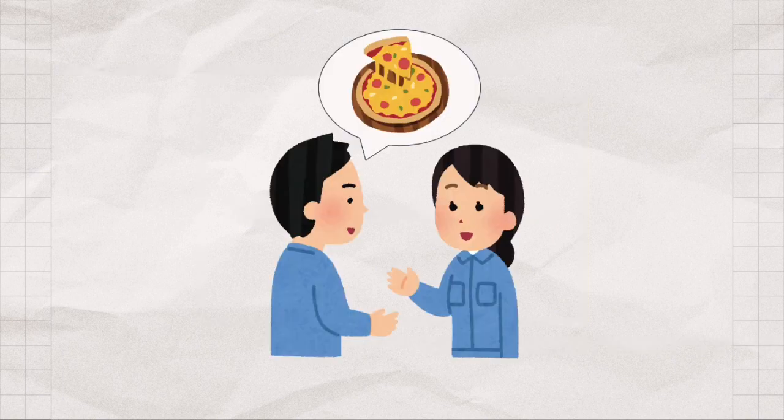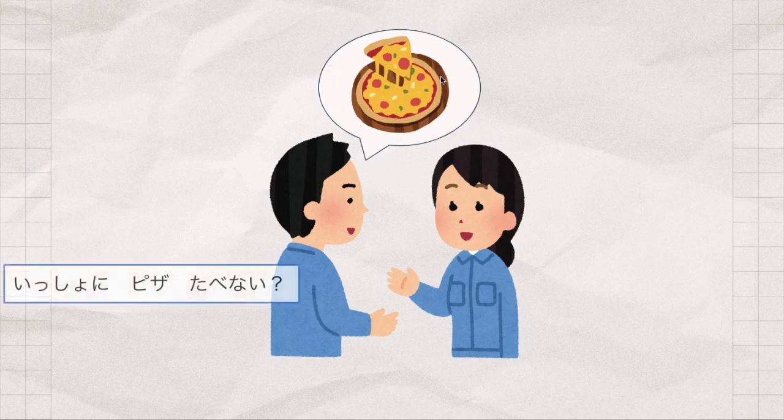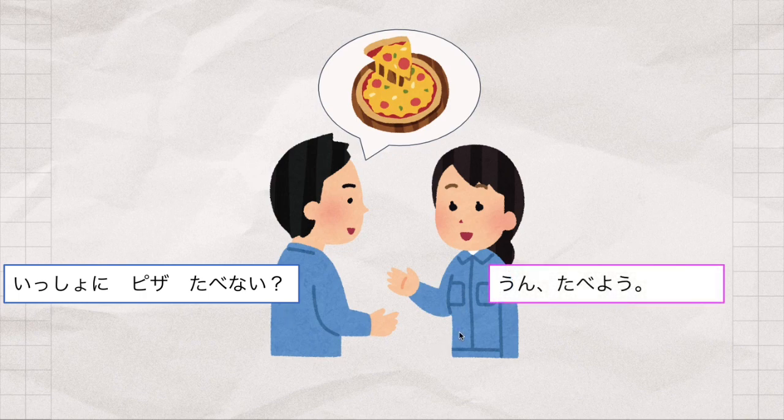Okay, the first one, they're talking and the man is thinking about pizza. So the man is asking out the woman if she wants to eat pizza with him. He says, 一緒にピザ食べない? And then the woman says, yeah, of course, let's eat. 食べよう.